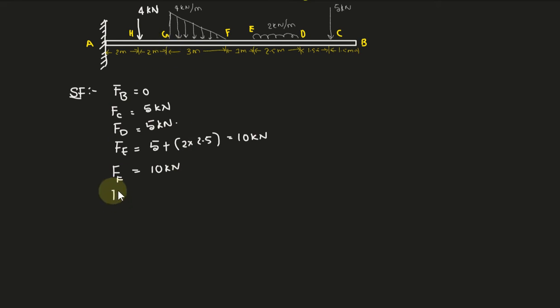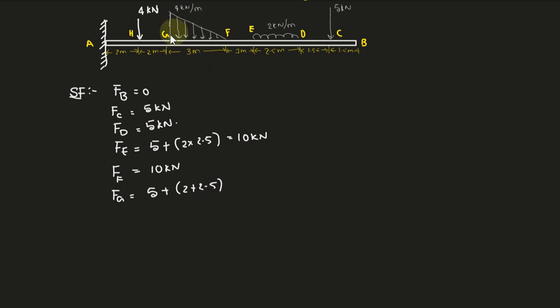Next, shear force at G, we need to find out. Up to G, we need to calculate the sum of forces from the right, whatever is acting, right? So up to G we have one concentrated load, one uniformly distributed load, and one uniformly varying load. This is 5 kilonewton we have, plus this 2 kilonewton spread over 2.5 meters. So we are just summing up all the loads.